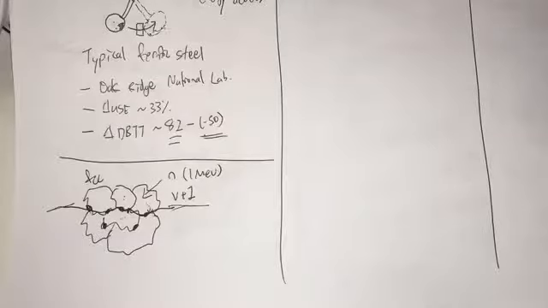I've attached a paper for your reference in the description below. Just to recap, for steels, BCC is ferritic, while FCC is austenitic. You can think of the FCC structure as the logical choice for nuclear reactors, because both FCC and BCC can exhibit this ductile to brittle transition.